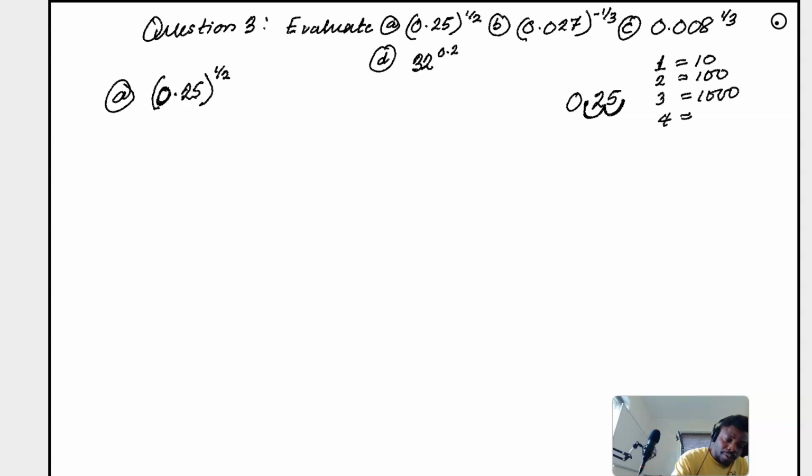When you count 4 backwards, that is 10,000. Like that. So in this case, from this decimal, I'm counting 1, 2. There's no other number to count. So I've counted 2, that is 100. So that means the number after the decimal is 25. So you now say divided by what you have counted. You counted 2, that is over 100. That is what it means.